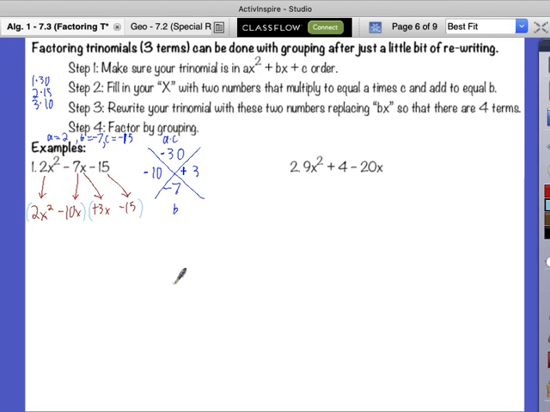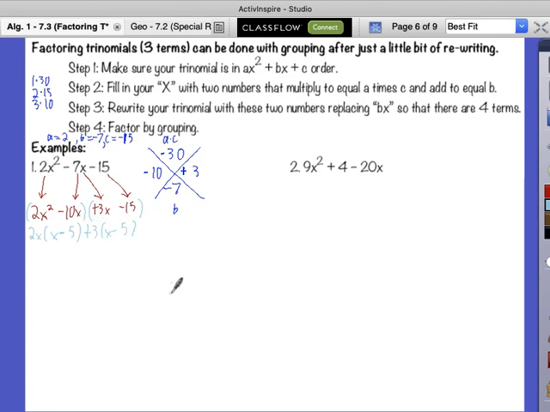And I want to say, okay, what's my GCF of those first two? Of 2x squared minus 10x, what's my GCF? 2x. So I'm going to factor out a 2x, and I'm left with x minus 5. And then now what's my GCF of that second parenthesis? 3x minus 15. 3. So pull out a positive 3, and we're left with x minus 5.